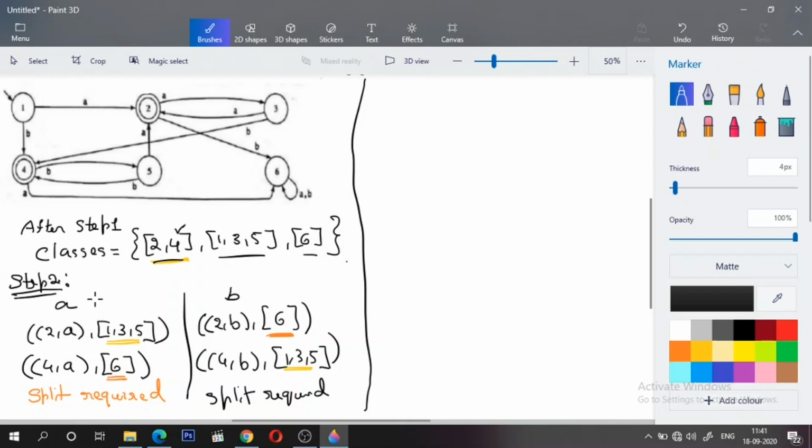Okay, so we did not come to the end of this iteration because we are yet to see for 1, 3 and 5, right? So let us see for that. For the time being 2 and 4 are together, we'll split that at the end of this iteration. Now 1, 3, 5 upon A. So 1 upon A will make a transition to 2.